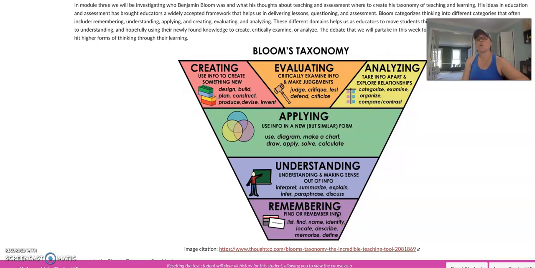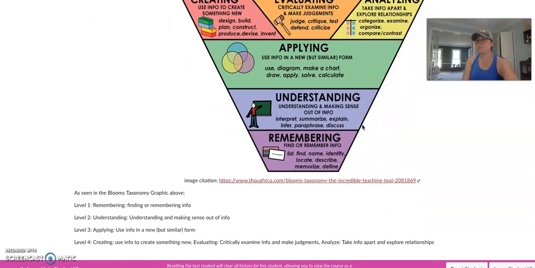That's how we're going to assess. But if we really want our students to grow and to find the passion in our subjects, we're going to have to really meet them up here or pull them up there, and require them to do the work and the thinking of applying, creating, evaluating, and analyzing. So that's kind of what we are looking at this week.